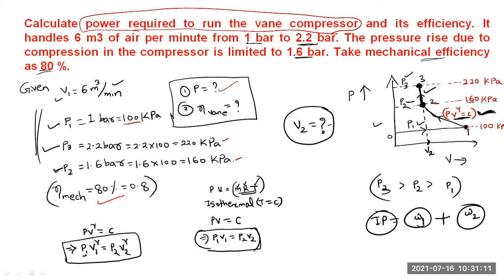P1 is already given in the question, V1 is also given, P2 is also given, gamma value is 1.4. By putting all these values in this equation, we can calculate the V2 value. In this way we will get the volume at point 2.